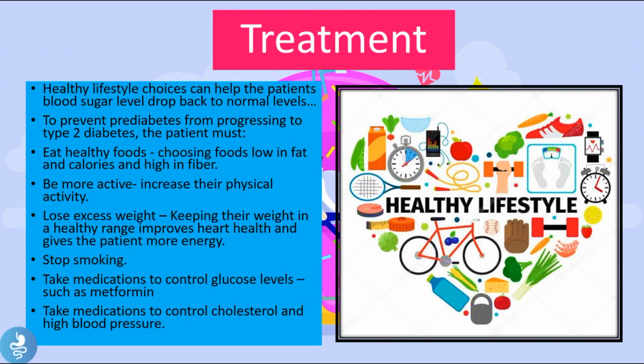And finally, let's talk about the treatment in prediabetes. Healthy lifestyle choices can help patients' blood sugar levels drop back to normal levels. To prevent prediabetes from progressing into type 2 diabetes, the patient must eat healthy foods, which means choosing foods low in fat and calories and high in fiber. They must be more active, which means increasing their physical activity, and losing excess weight, so keeping their weight in a healthy range improves heart health and gives the patient more energy.